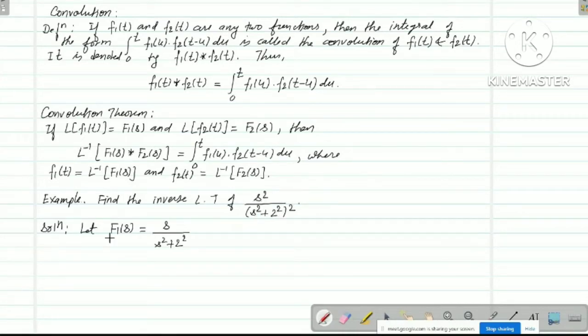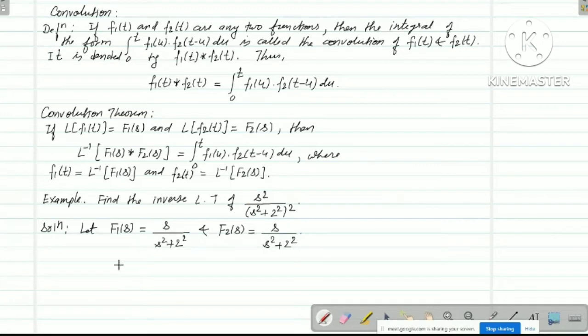So we can write F1(s) equal to s upon s square plus 2 square, and F2(s) is also the same, s upon s square plus 2 square. So this is F1(s) and this is F2(s).